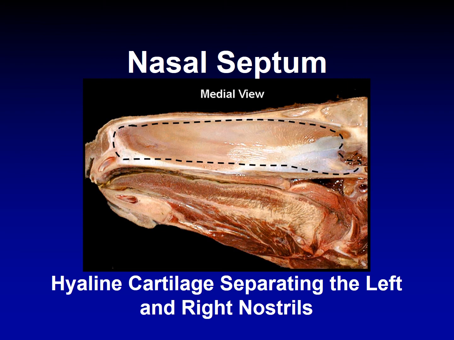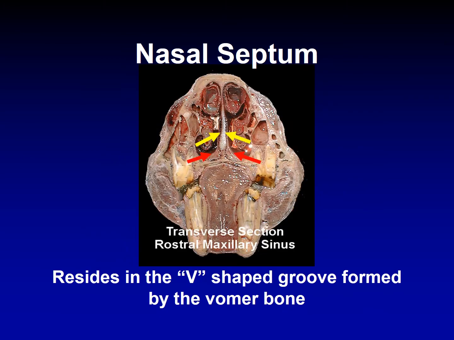to fix it basically. The septum, however, as I mentioned earlier when I said we have to remember a number of basic bones in the skull, sits in the V-shaped vomer bone. This is the V-shaped vomer bone where in the middle we can find the nasal septum located.